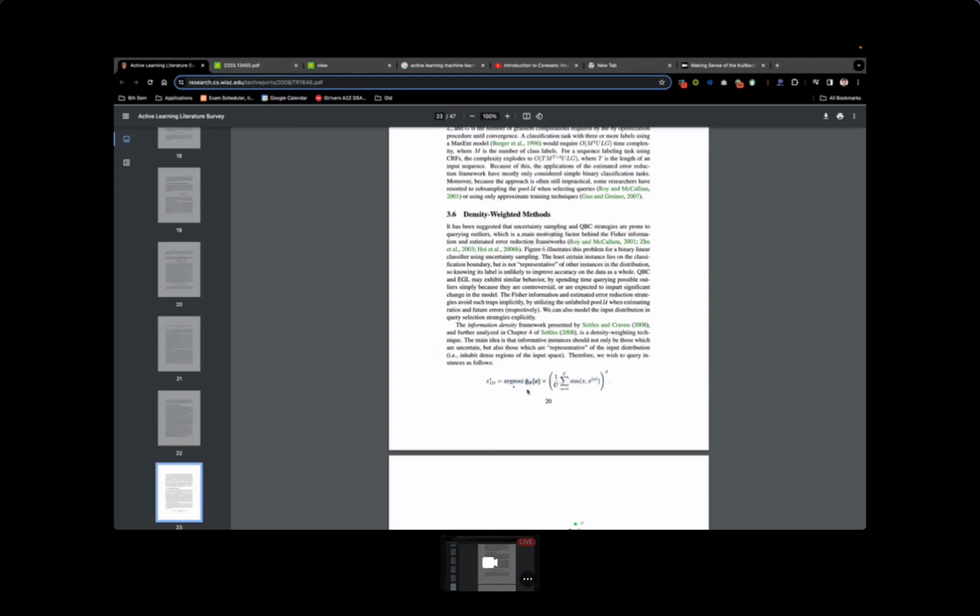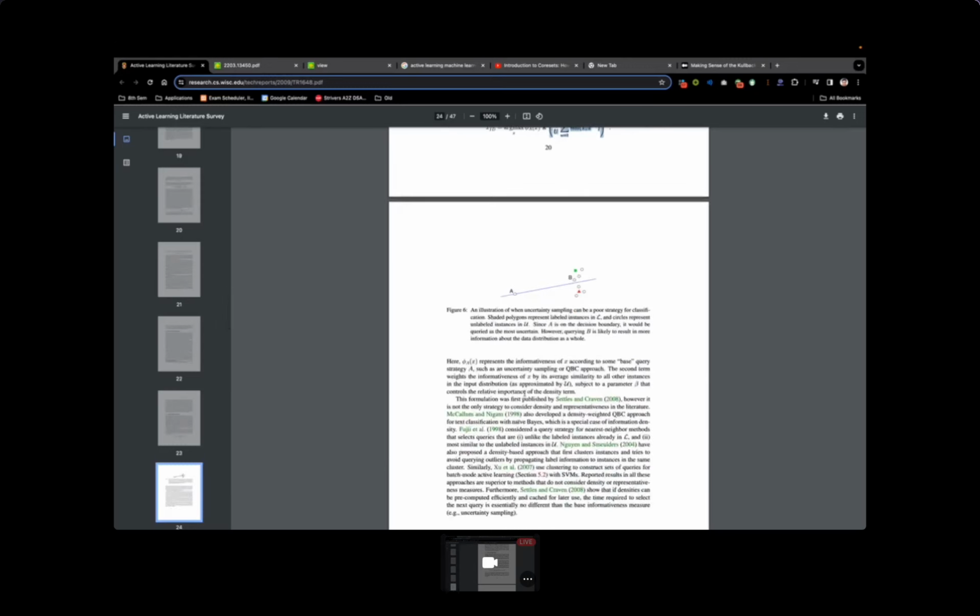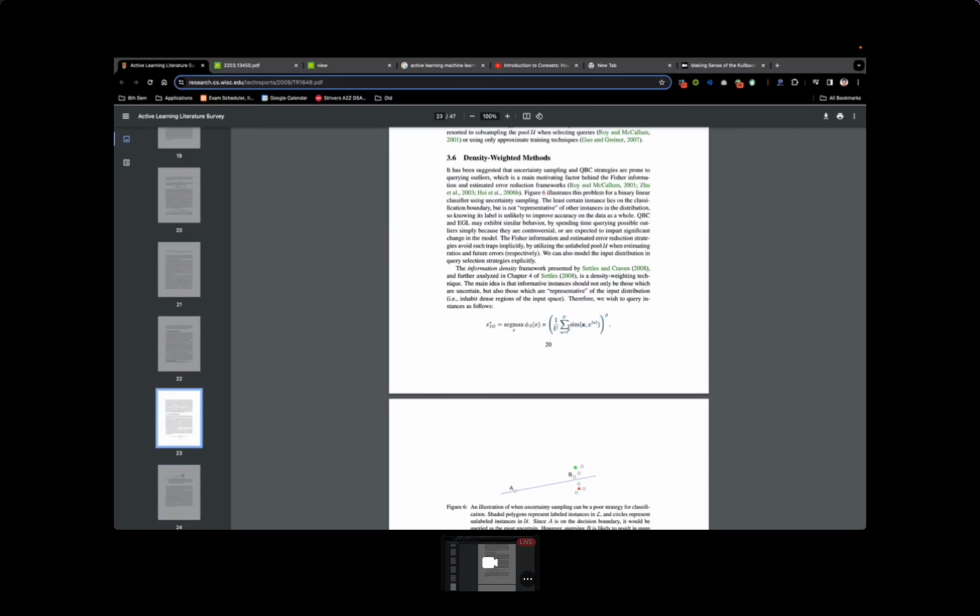uncertainty, which means how hard the sample is. And this is a function which leads to how representative the sample is. And XU is like an estimate, which represents, okay, where is XU? This XU is kind of a representative of the sample.